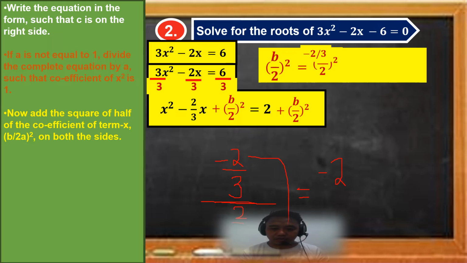Tapos ito naman, 3 times 2 is 6. So, negative 2 over 6. I-lowest term mo lang. 2 and 6 are each divisible by 2. So, negative 2 divided by 2, 1. And then 3. Yan. So, negative 1/3 ang ating answer.